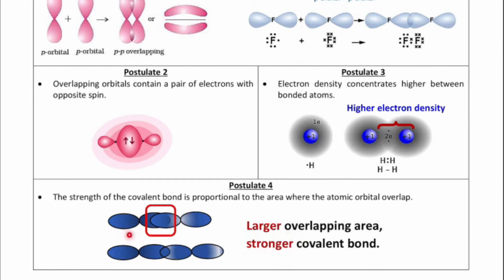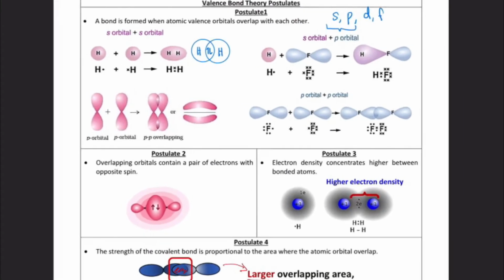For example, macam dua ni. Okay, so as you can see, this overlapping yang dekat atas ni lebih luas compared to this area yang overlap kecil. So that's mean yang atas ni, since overlapping dia besar, so dia ada stronger covalent bond. So that's all for valence bond theory postulate. So boleh faham yang ni.